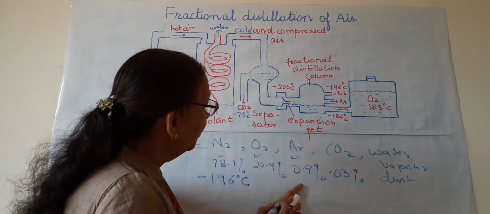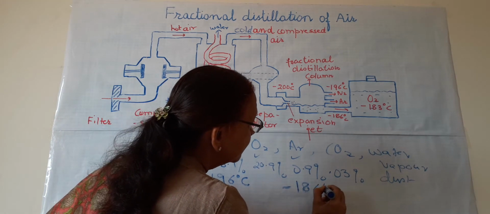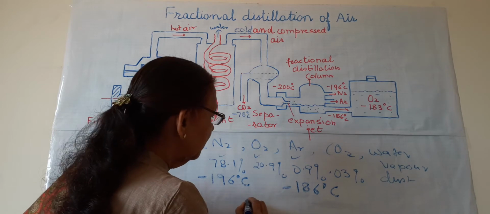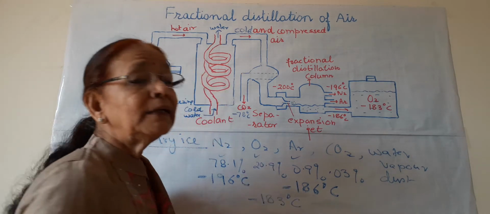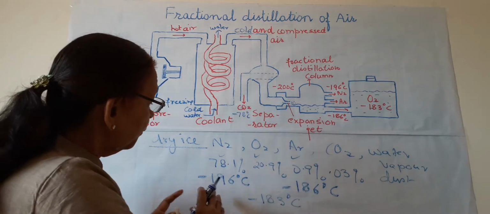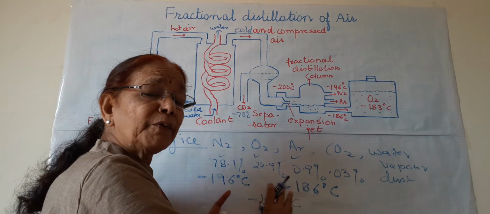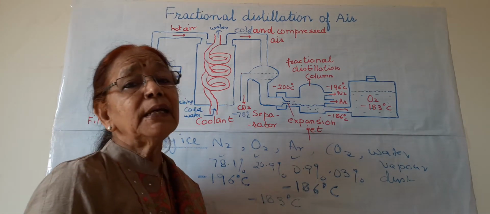The boiling point of argon is minus 186 degrees centigrade and the boiling point of oxygen is minus 183 degrees centigrade. So to convert them from liquid to gaseous state, so much temperature is needed.